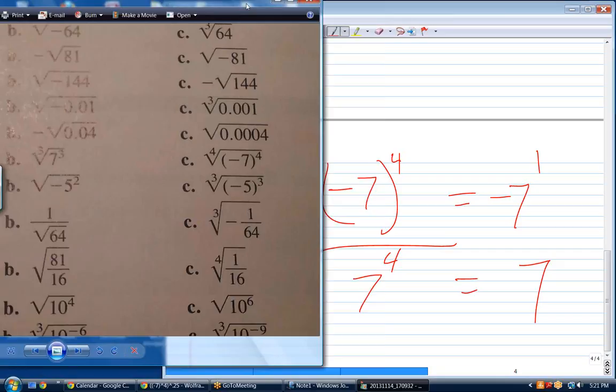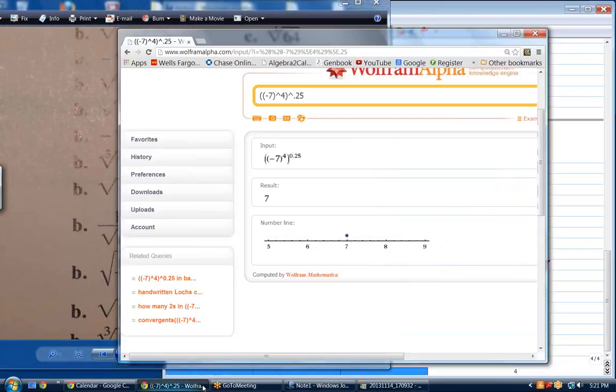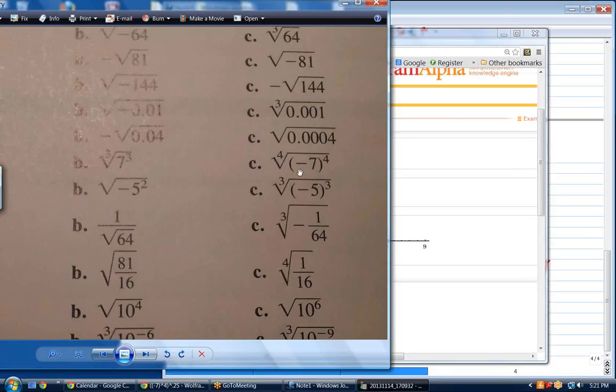So I'm not certain what the proper order of operations is. And unfortunately, Wolfram Alpha doesn't really show it. We're looking at -7 to the 4th root of that. So according to them, it's 7, which means the order of operations is you do what's inside first, and then you do the root afterwards.